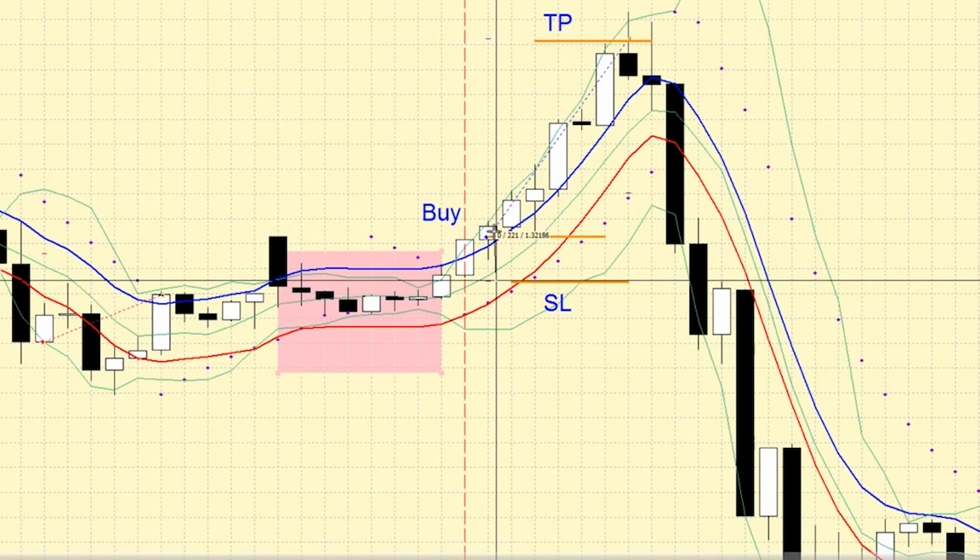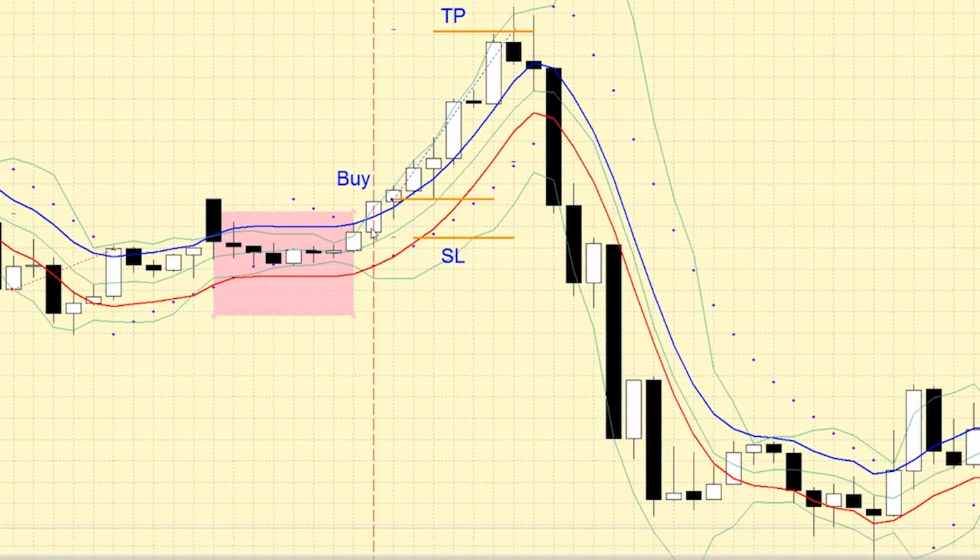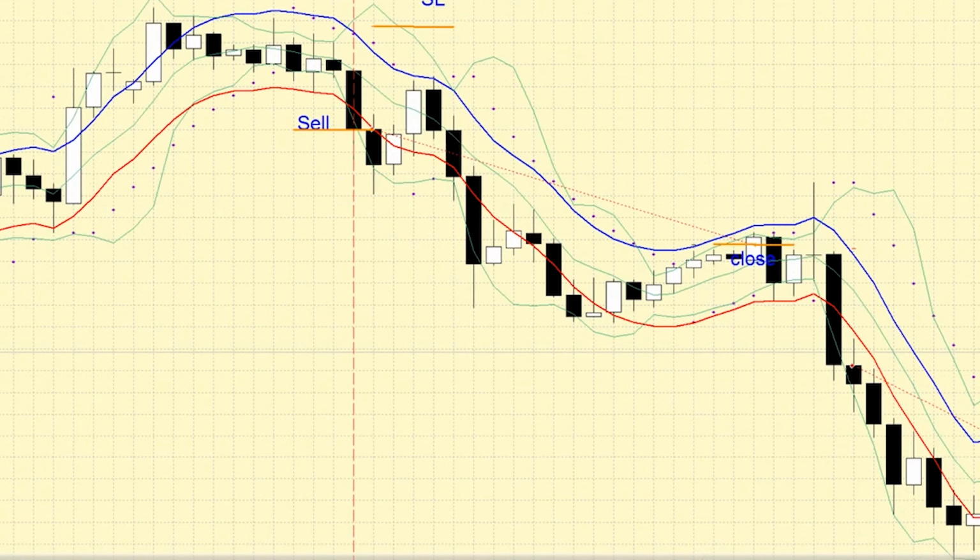We are considering the following situation for a sell deal. Again, we are waiting for the option when the Bollinger Bands go between the two lines, red and blue. So we see the option.